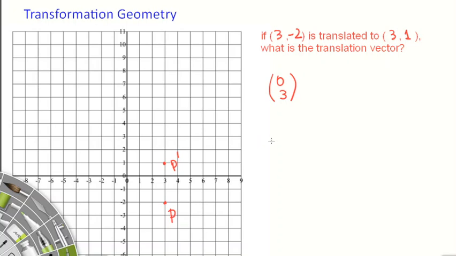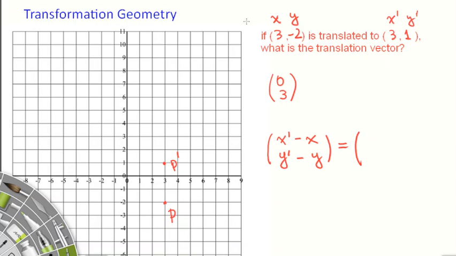We could do that also by calculating x prime minus x, y prime minus y. Observe that when I do x prime, this is x prime and this is y prime, this is x, this is y.